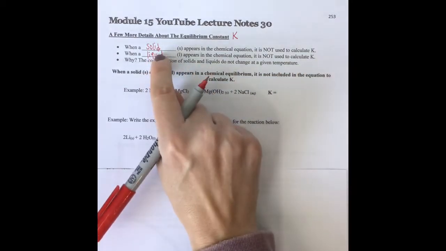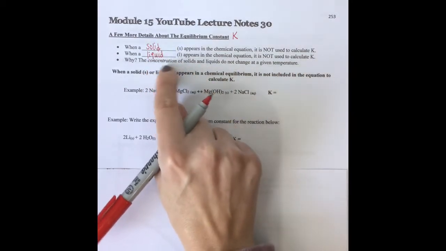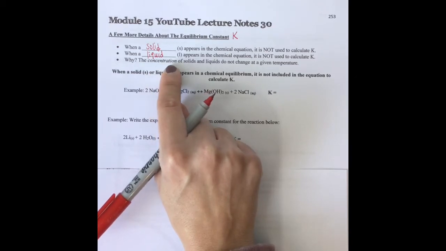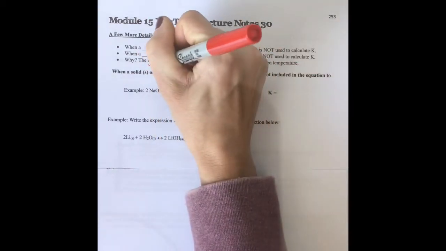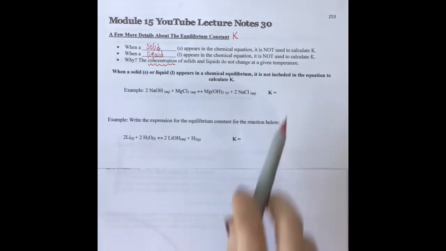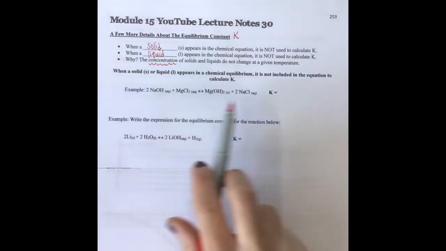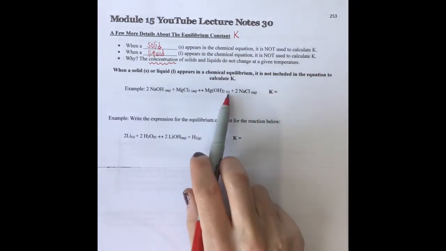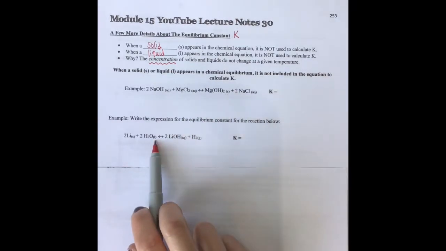And the reason for that is in a reaction, the concentrations of solids and liquids does not change. And so it doesn't affect the equilibrium at a certain temperature. Okay, so let's practice writing the equilibrium constant for a few reactions that have solids and liquids in them.